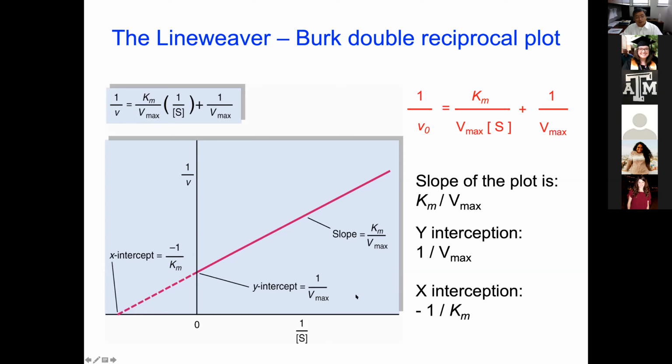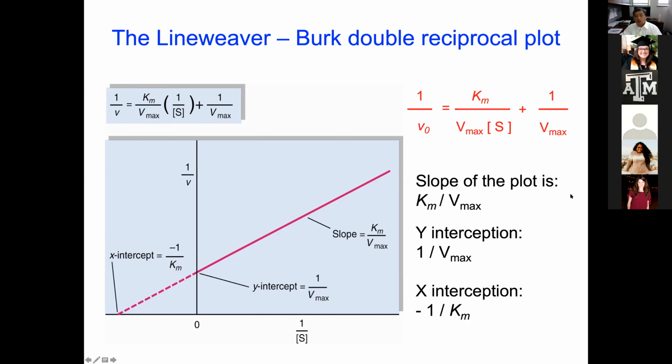So with this kind of plot, of the inverse of velocity as a function of the inverse of substrate, you can determine Vmax, and you can determine Km.